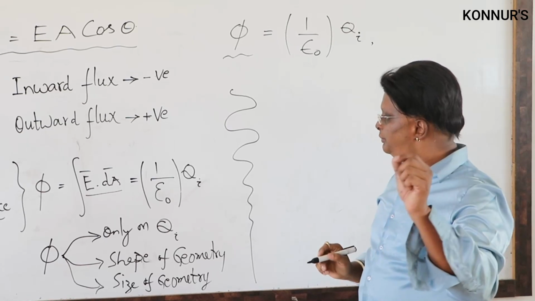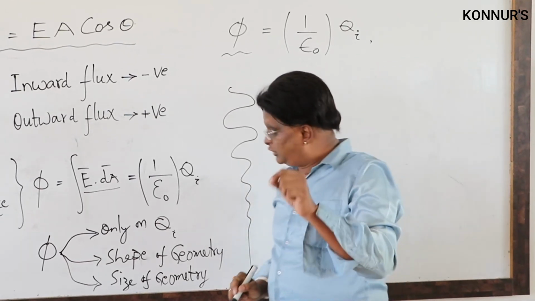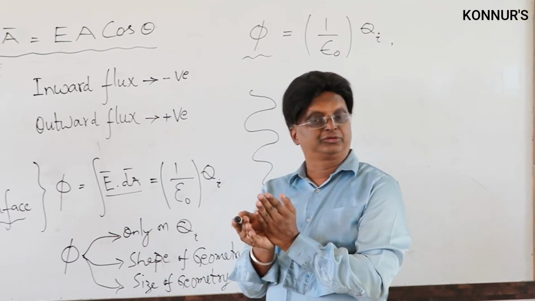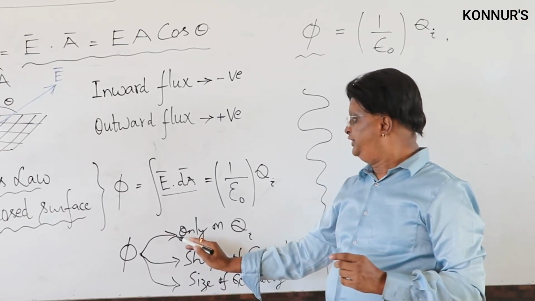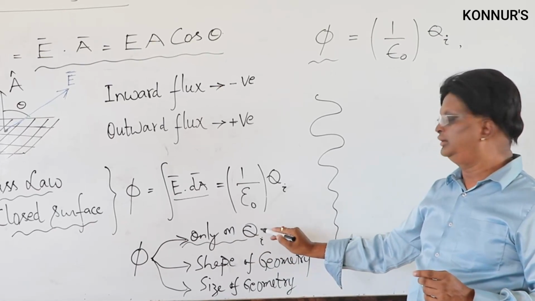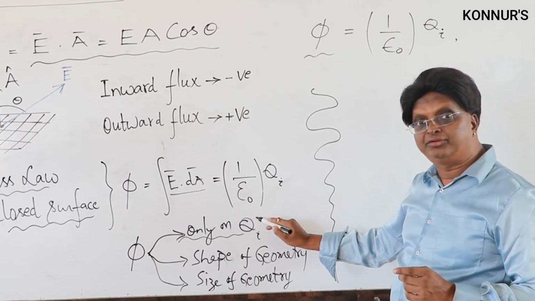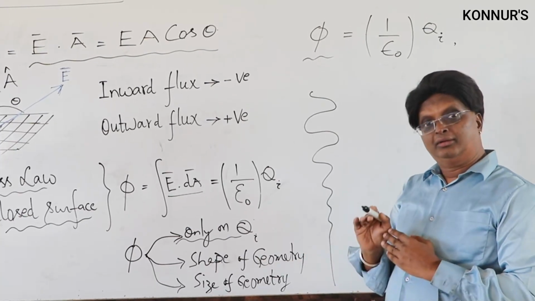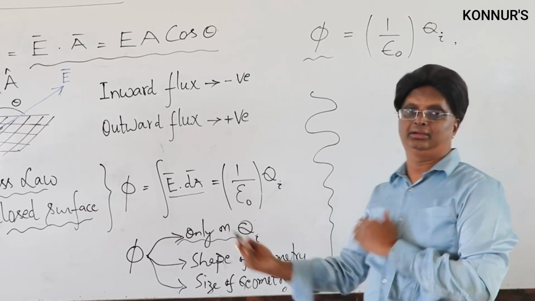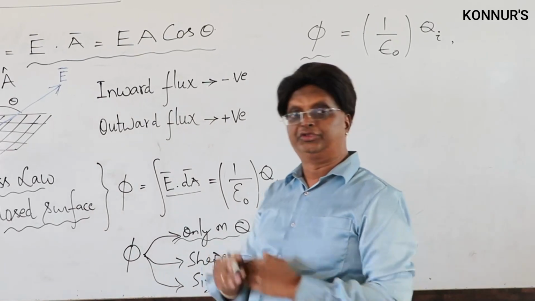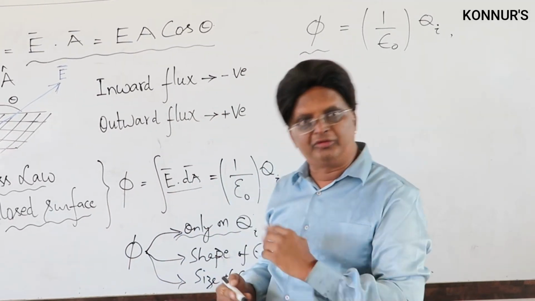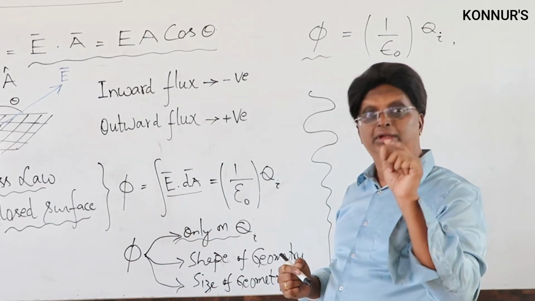Now coming to one more important point regarding flux. The flux enclosed by a closed surface depends only on the net charge enclosed by that enclosure. For any outside charges, there will be equal and opposite inward and outward flux, and therefore net flux will be 0.